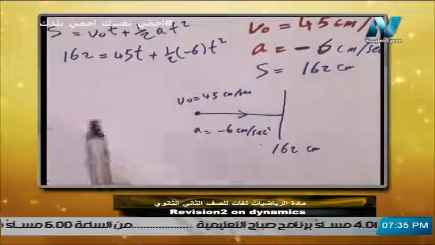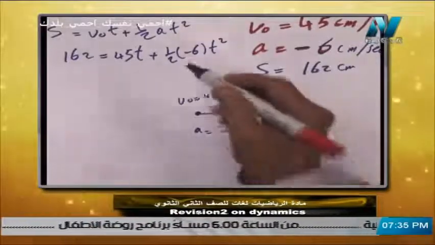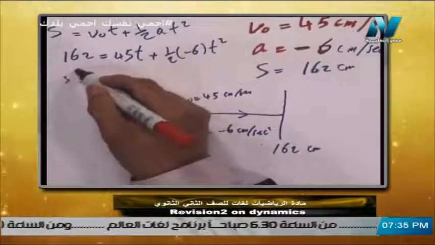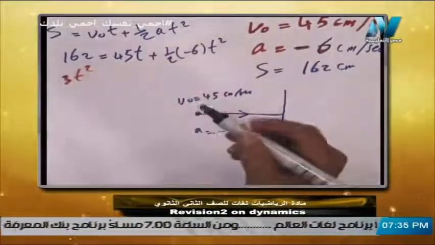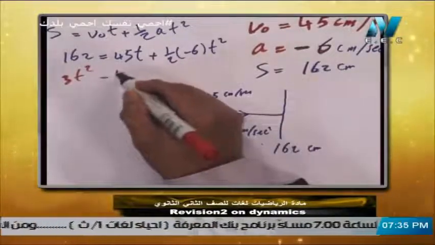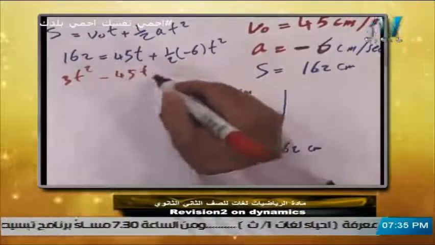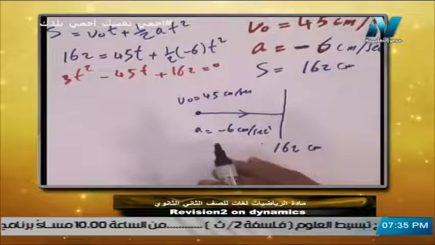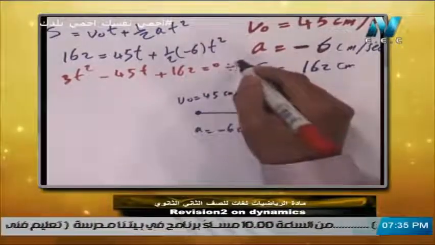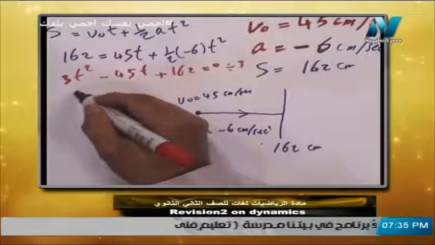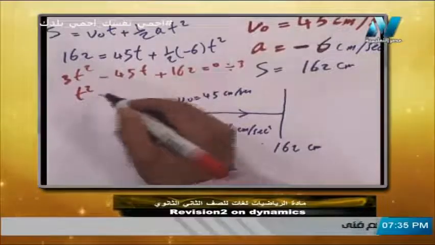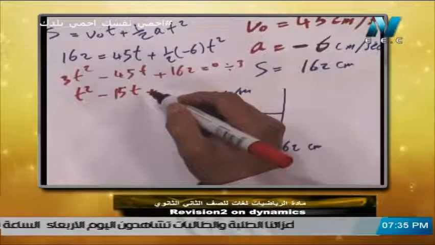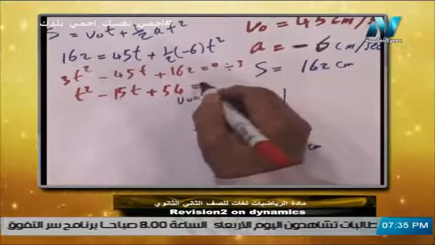Here half times negative 6 equals negative 3, and moving it over to be 3 T power 2 minus 45 T plus 162 equals 0. It's a quadratic equation. By dividing by 3, it simplifies to T power 2 minus 15 T plus 54 equals 0.